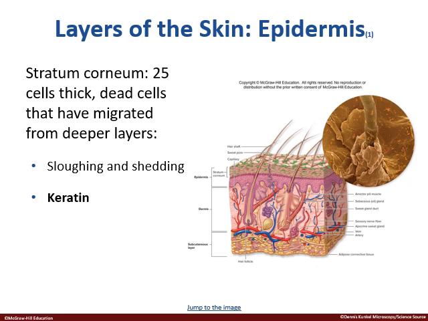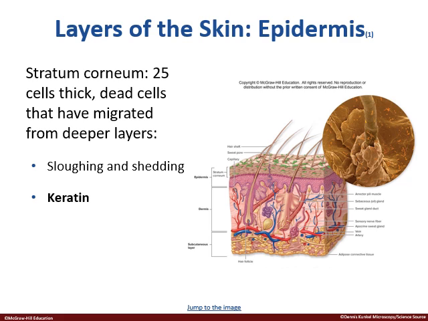As they are being pushed further and further out, the cells will start to make more and more of a protein-based compound known as keratin. As the keratin levels begin to accumulate, the cells will slow down metabolically, they will flatten out, and, well, they'll die.